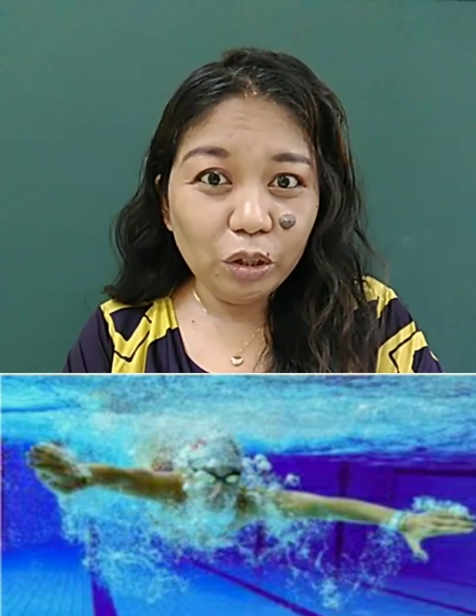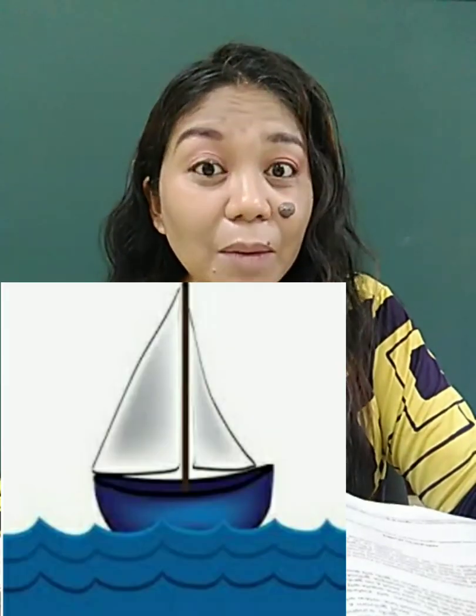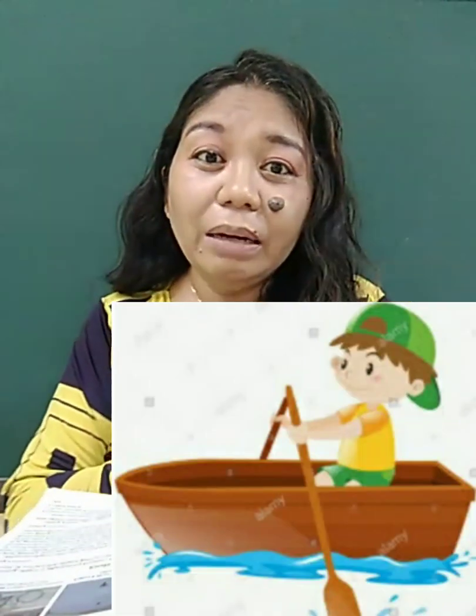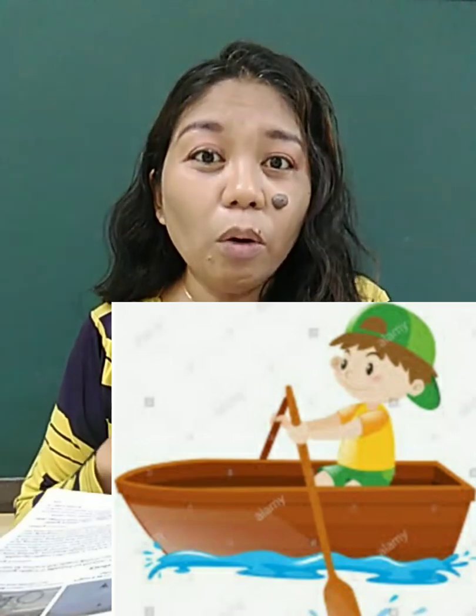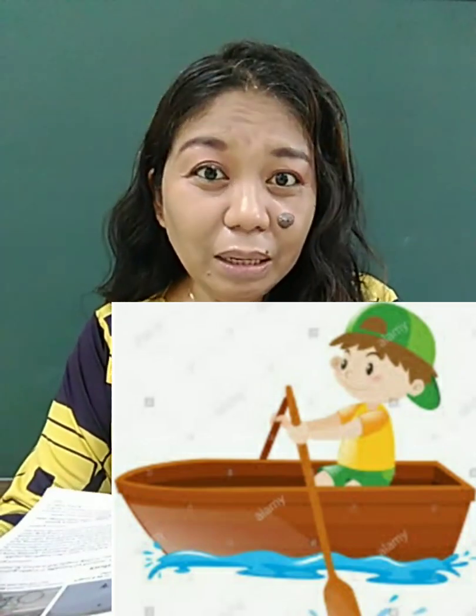What holds the swimmer back so that he cannot swim fast? Why doesn't he move by himself? He has to paddle because of fluid friction. Okay? The same with a boat. You need to paddle your boat in order for your boat to move. You have to exert effort, or if you don't paddle, you use an engine to move your boat. Why doesn't it move by itself? Because there is this fluid friction that prevents it or slows its movement.